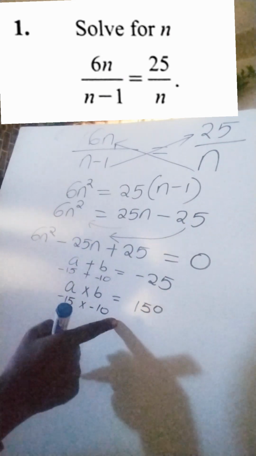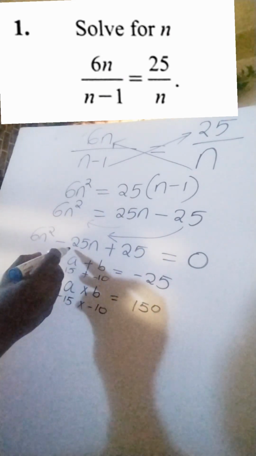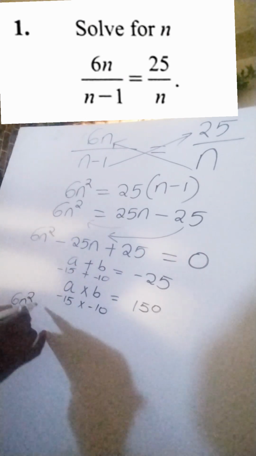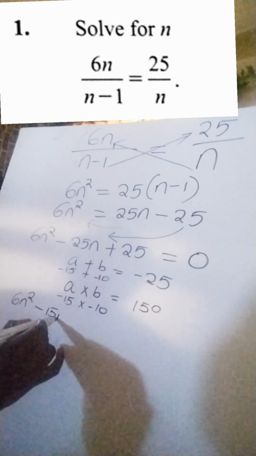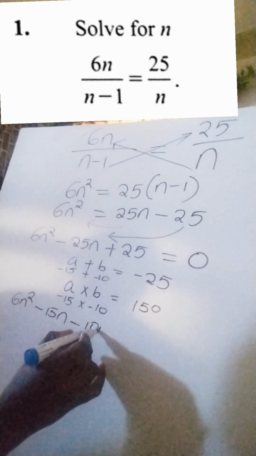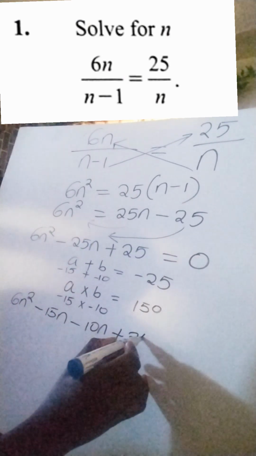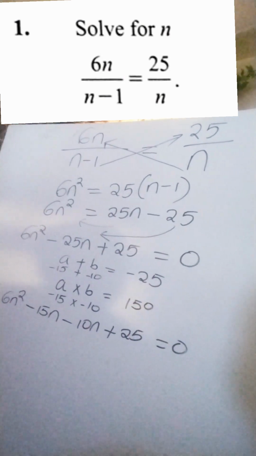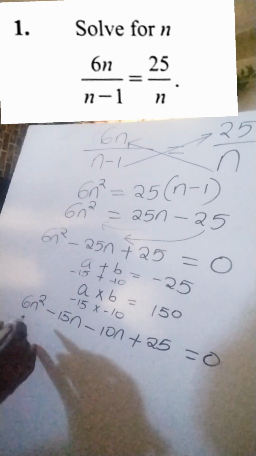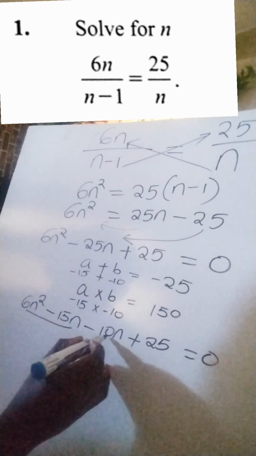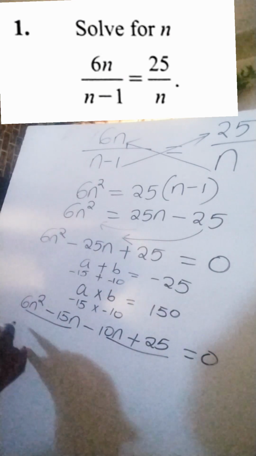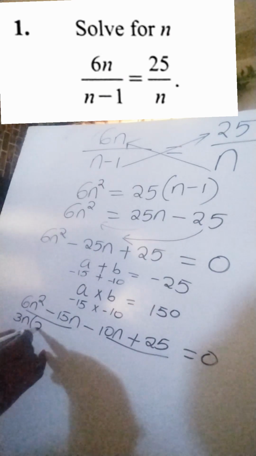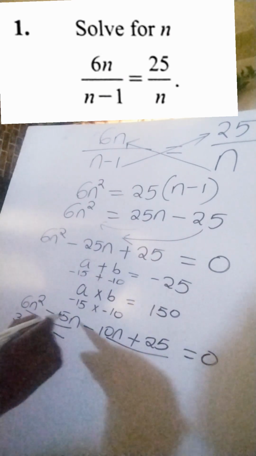Then these two numbers, you replace 25n with them. So you'll have 6n squared minus 15n minus 10n plus 25 is equal to 0. I pair. What is common here is 3n. Divide by 3n, you are left with 2n minus 5.